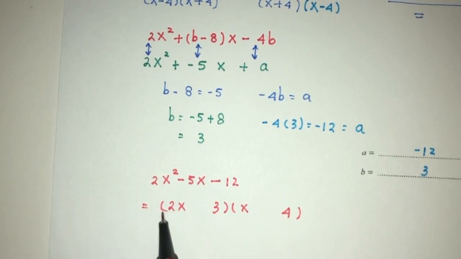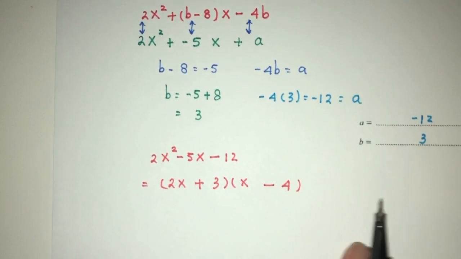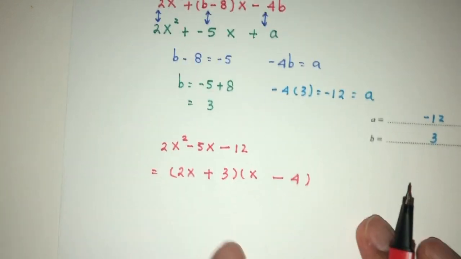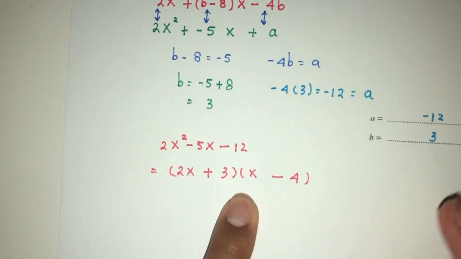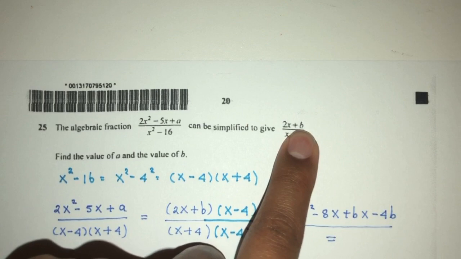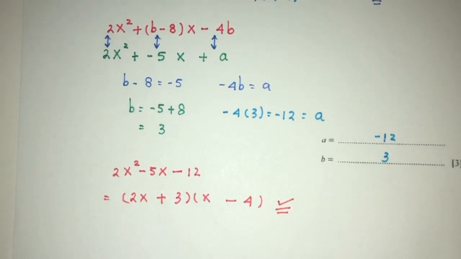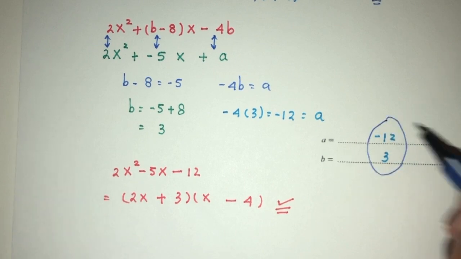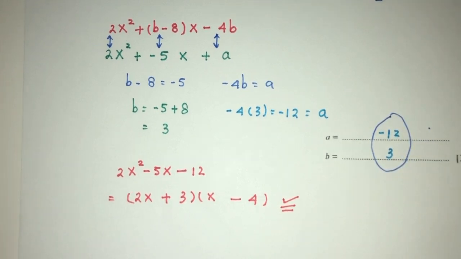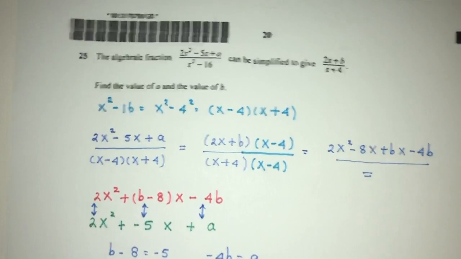To get minus 5, we have to have minus 8 plus 3. As you can see, this will become something like this, and this will cancel out to give you this. So it's confirmed. This is the way to confirm if it is okay or not. So we confirm the value is right. This will be your value of a and value of b by comparison. That will be your question number 25.